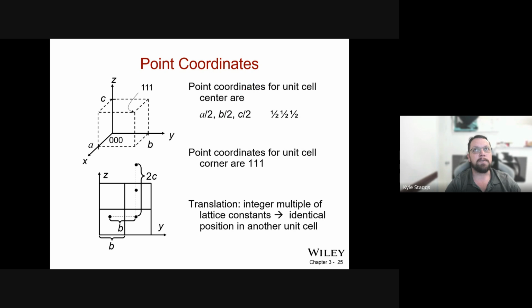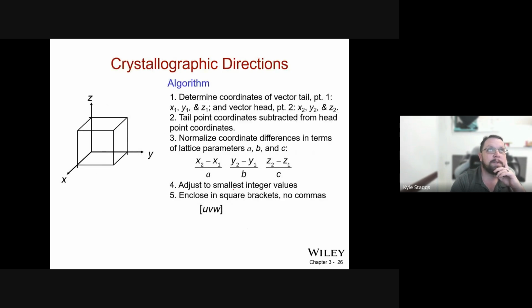And the point coordinates for any given unit cell are half A, half B, half C. So there are going to be integer multiples of the lattice corners that help us understand what the position is within that unit cell. It'll make sense in the context of some examples.